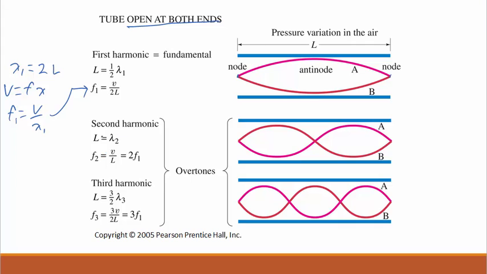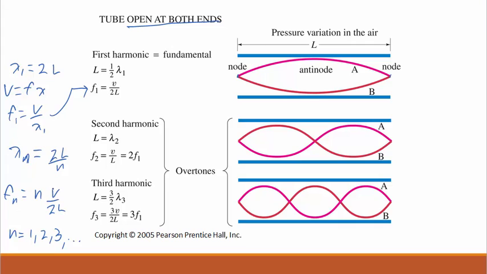I can follow a similar process here for the second harmonic, and I'm going to get that it is 2 times the fundamental, and the third harmonic is going to be 3 times the fundamental. And so in general, the wavelength of any harmonic, with an n there, is going to be 2 times the length divided by n, and the frequency of any harmonic is going to be n times v over 2L, where n can take the value of any positive integer.